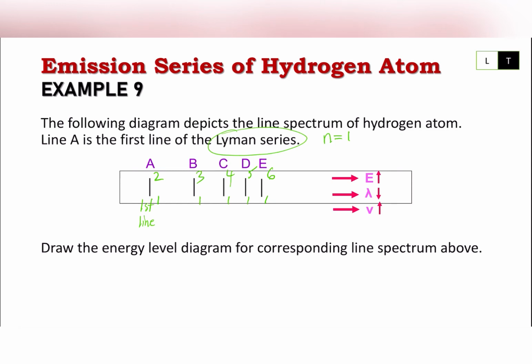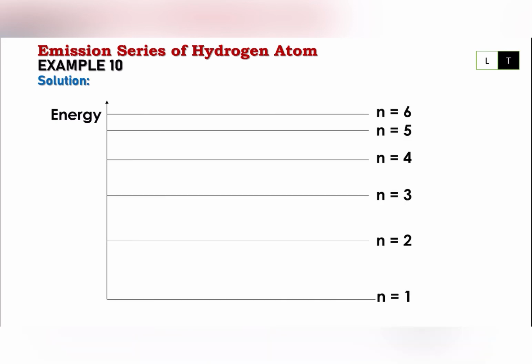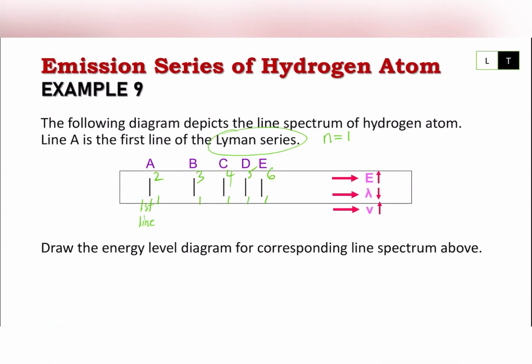I'm going to draw my energy level diagram based on this line spectrum. Let's go to the solution for this part, where I have my axis. The y-axis is for the energy. Next, I have each of the energy levels, starting from n equals 1 until n equals 6.